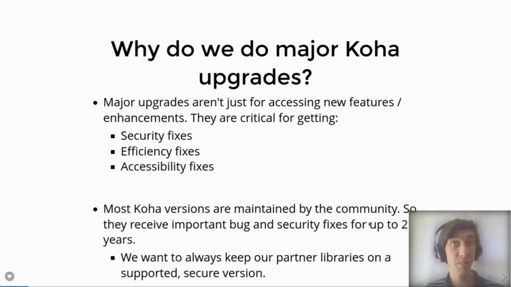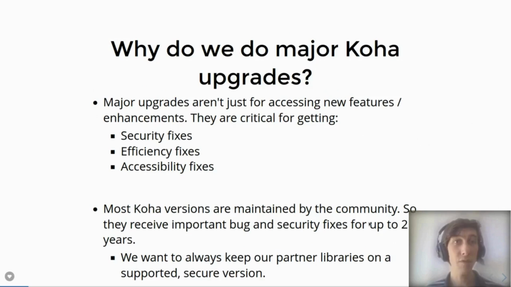As I mentioned, these major upgrades include fixes to existing functionality, as well as new code and new functionality. Another reason why it's really important that libraries do a major upgrade on a regular basis, like once a year, is that Koha versions, in this case 2405 and 2411, are maintained by the Koha community for up to 2 years.